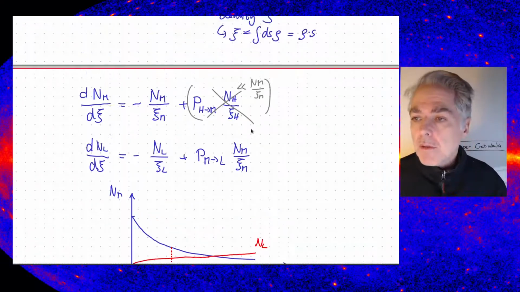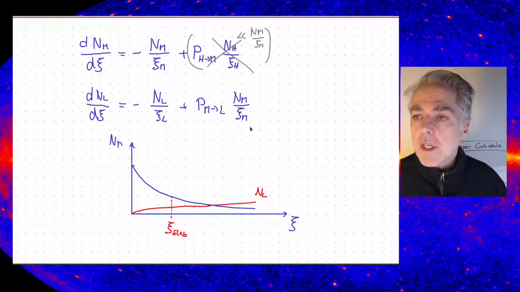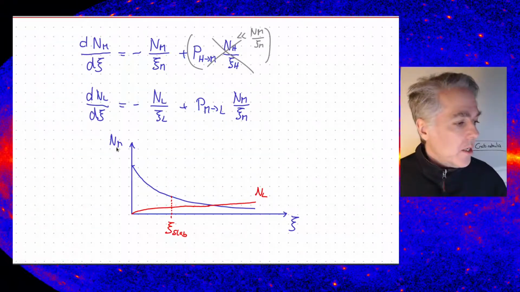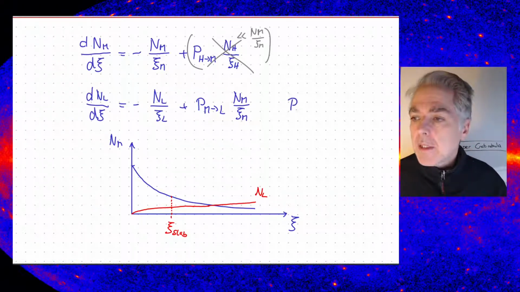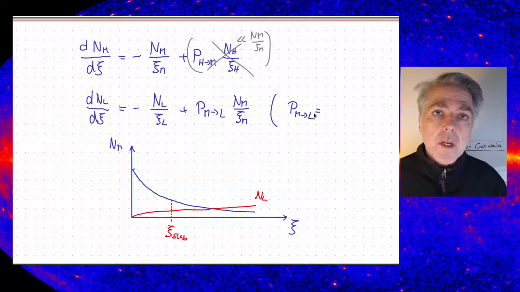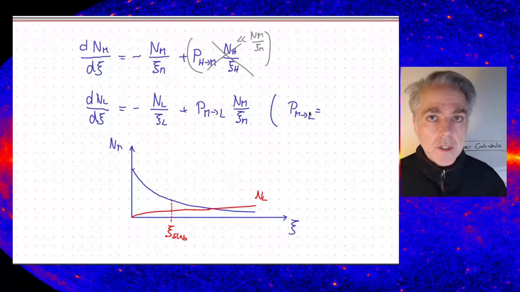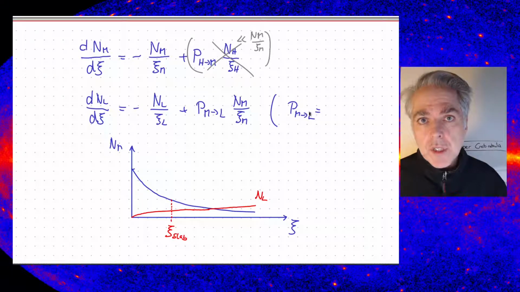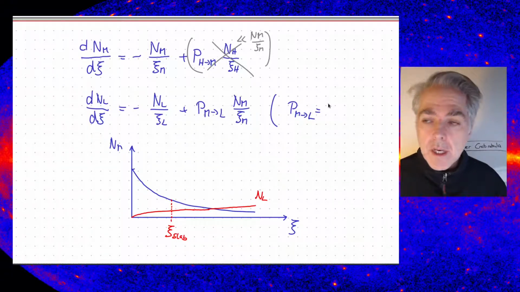Let me just maybe also write down so that you know how to calculate this PML and so on. So PML is given by the ratio of the partial cross sections for producing lithium, beryllium, and boron out of an interaction of carbon, nitrogen, and oxygen with interstellar medium matter.